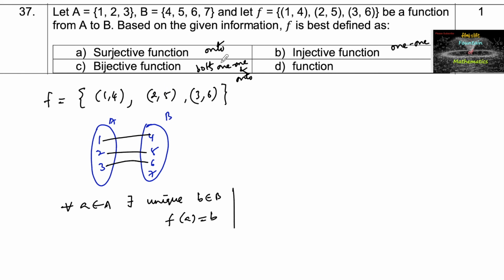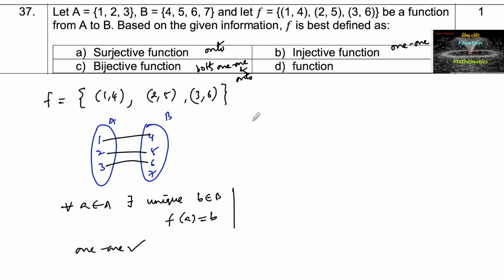Now we need to verify whether it is one-to-one, or onto, or both. For a one-to-one function, no two distinct elements have the same image, meaning all three distinct elements have different images, so we can say this is one-to-one.